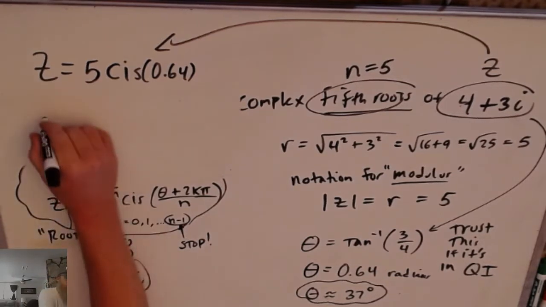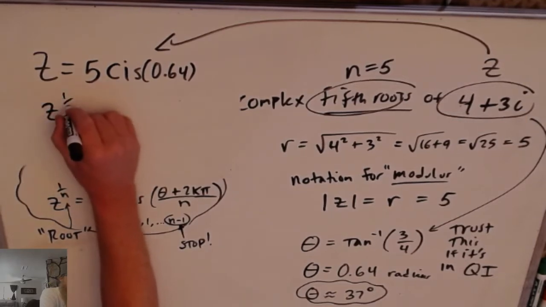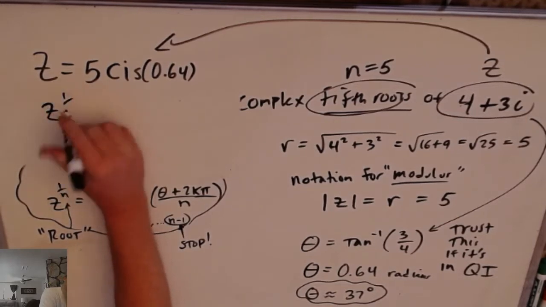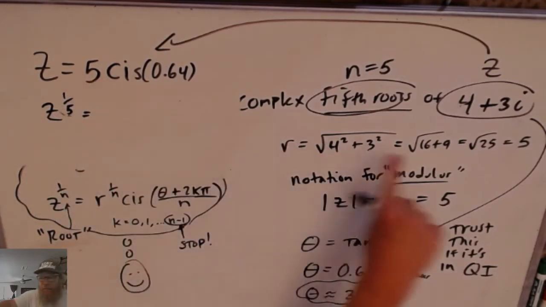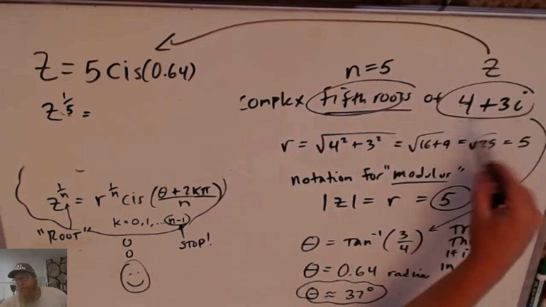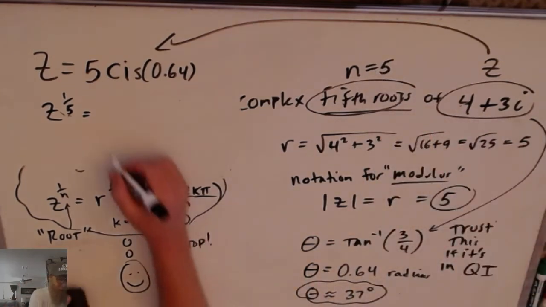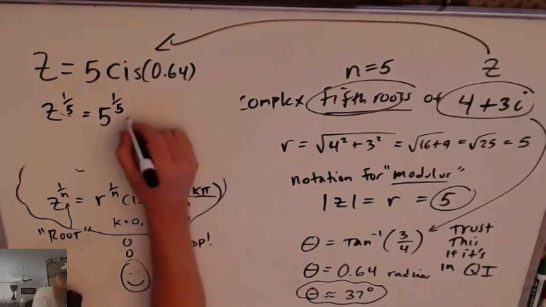Okay, so now we're going to do our roots, 1/5. It's a coincidence that the modulus is also 5. That's just a coincidence of the values that I have here. So it's 5 to the 1/5, no relation.